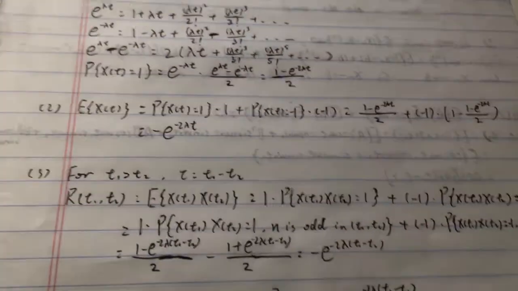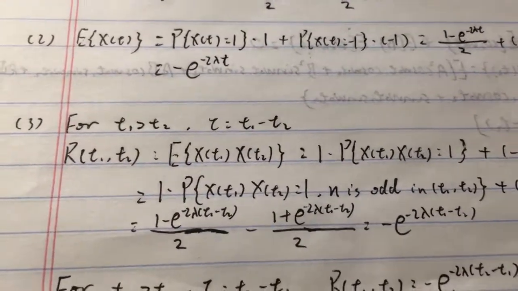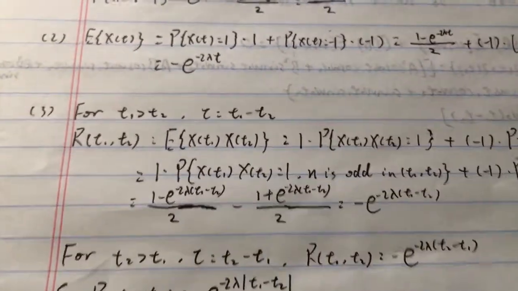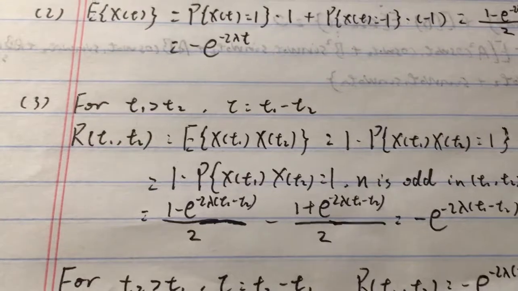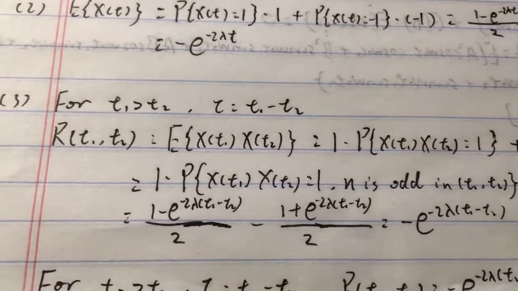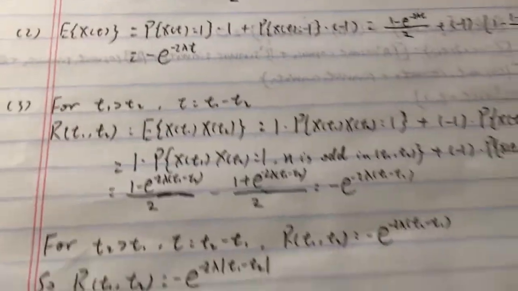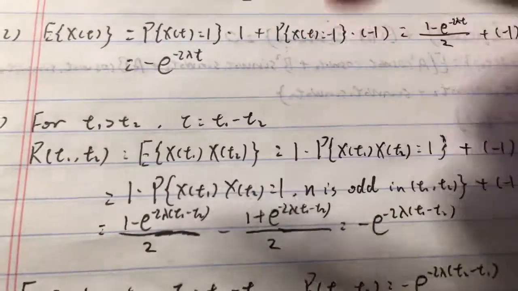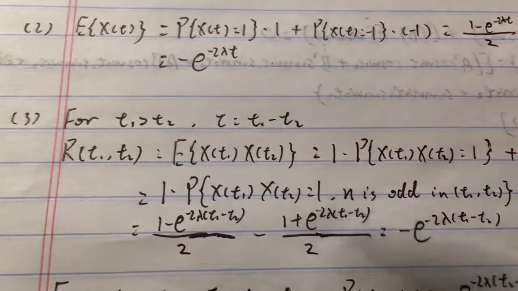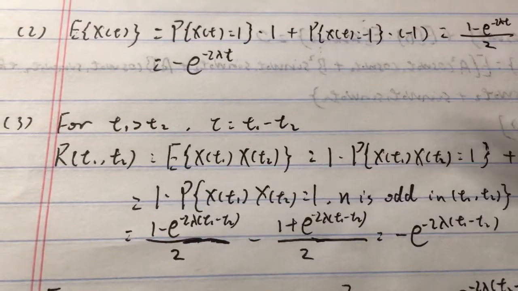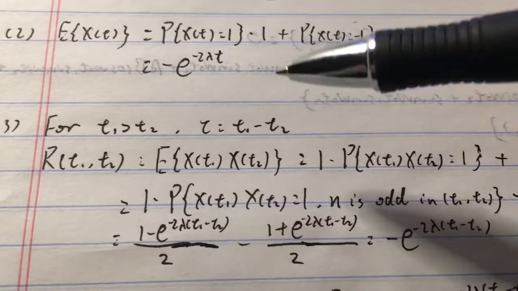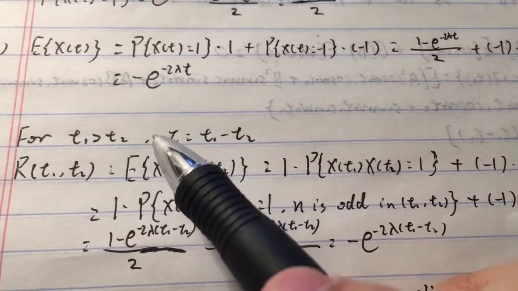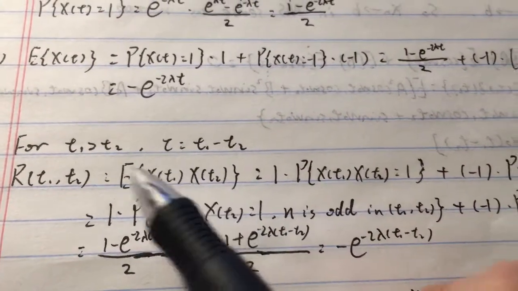Now in the third question we need to find the autocorrelation R(t1, t2). At first we need to set the situation: for t1 more than t2, tau is equal to t1 minus t2. So we use the definition.